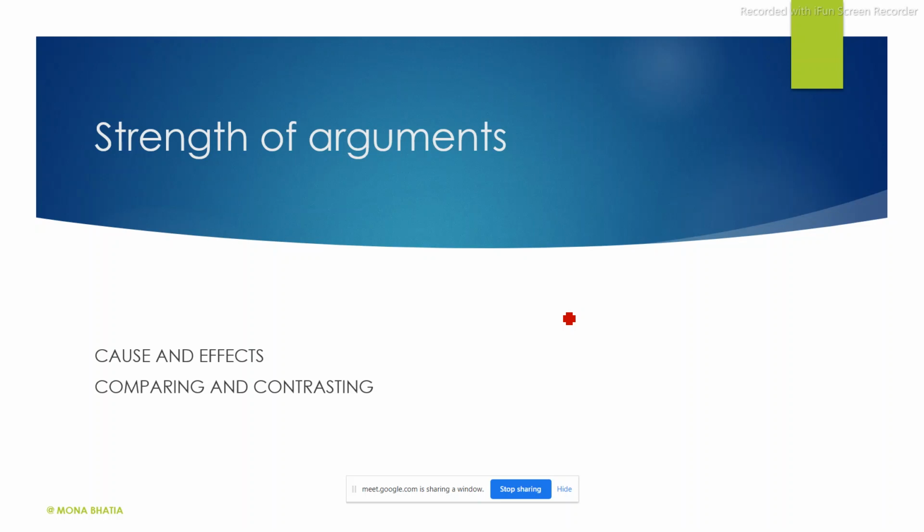So a writer of any piece is basically trying to put an argument. He makes a piece so that he tries to build up a piece argument by argument, trying to prove logically things that he's given in his piece of writing.